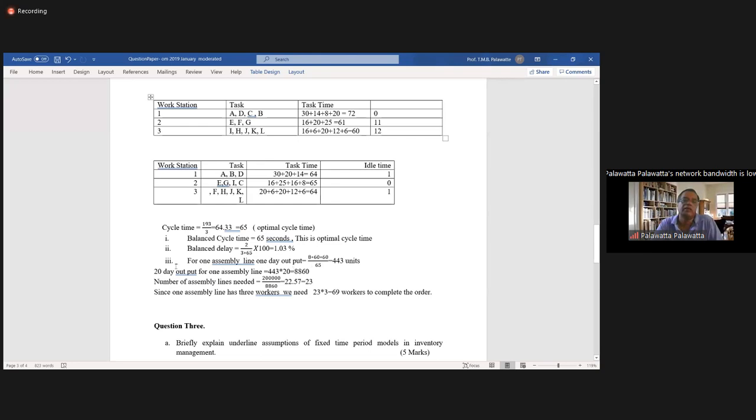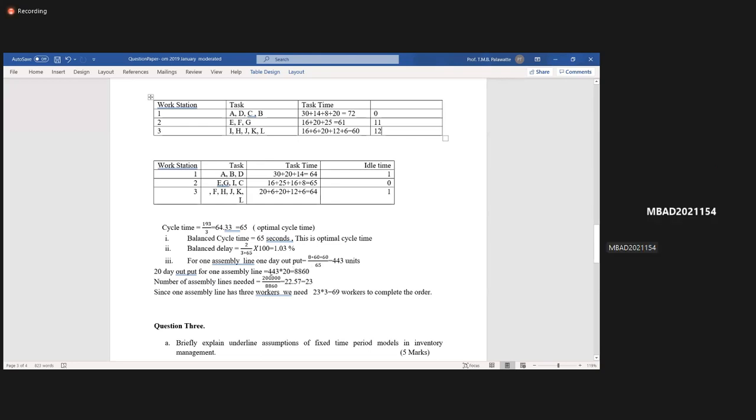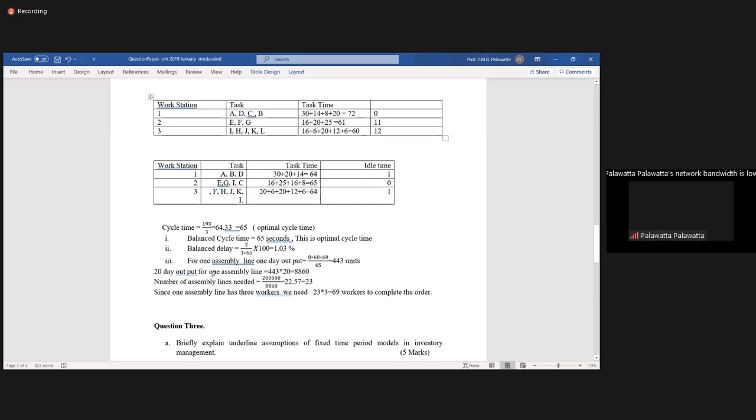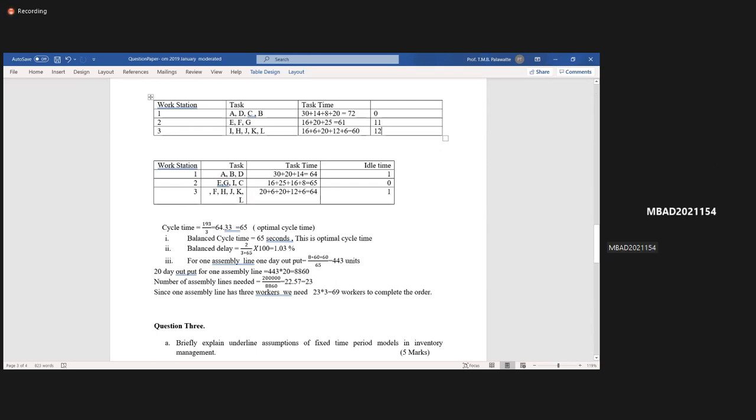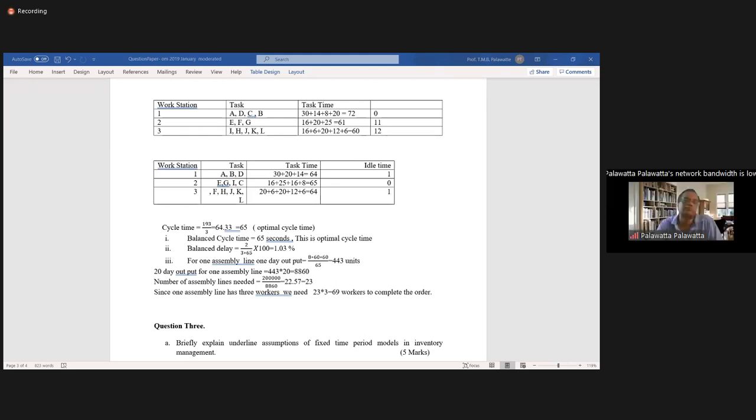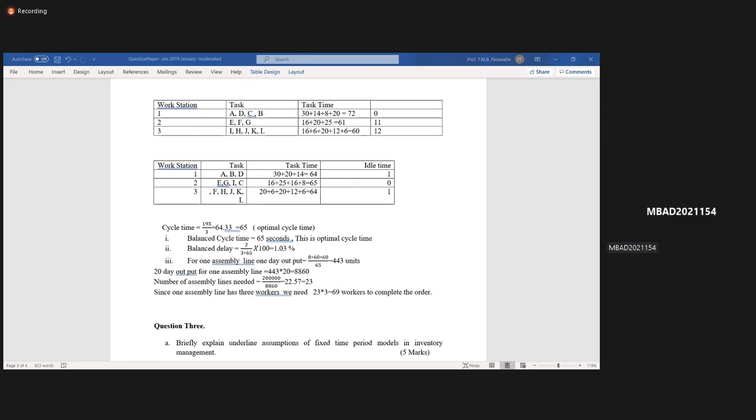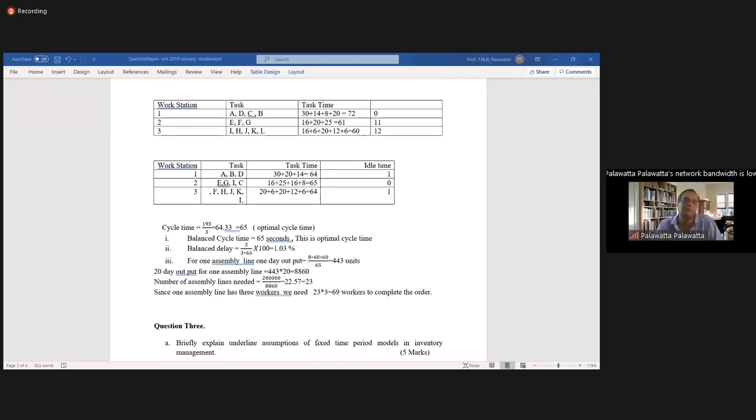And then the number of workers you need is going to change. Let's say you have one day, 8 hours multiplied by 60 multiplied by 60.